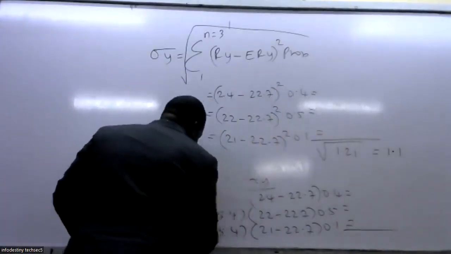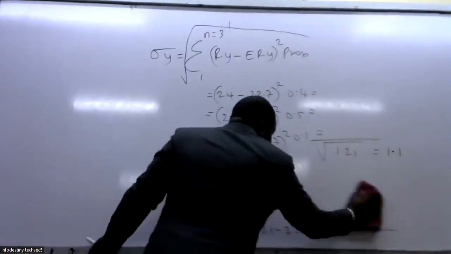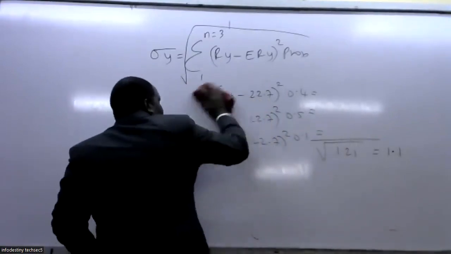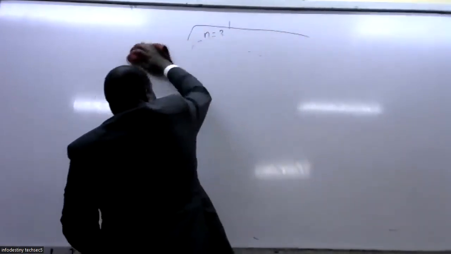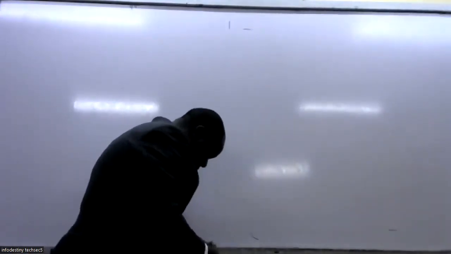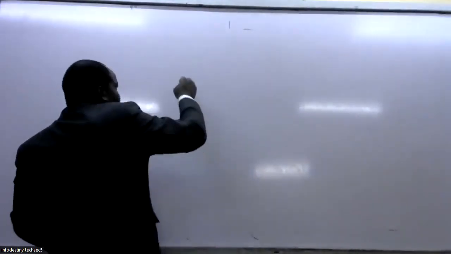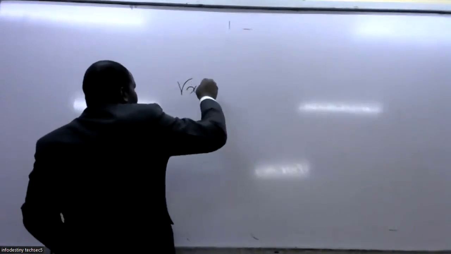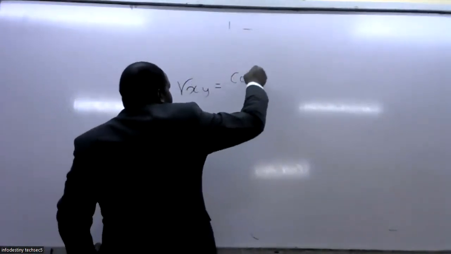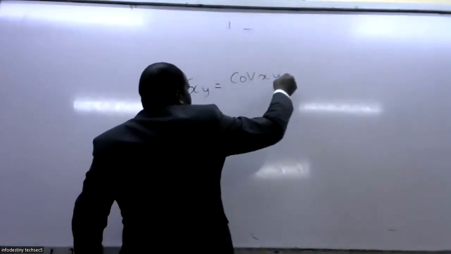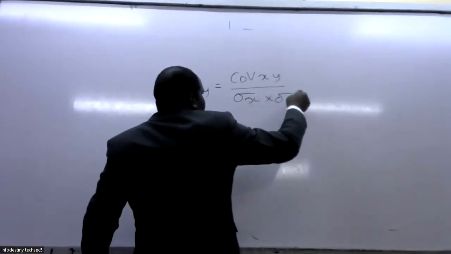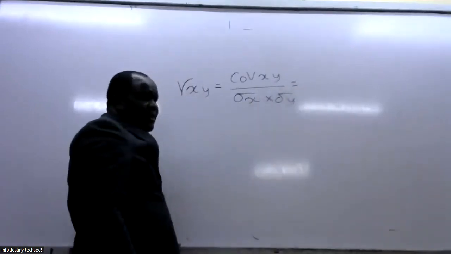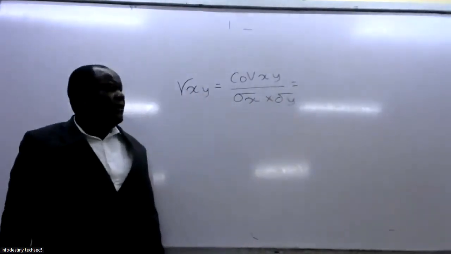We can now calculate the correlation coefficient between x and y. It is simply the covariance between x and y, divided by the standard deviation of x multiplied by the standard deviation for y.